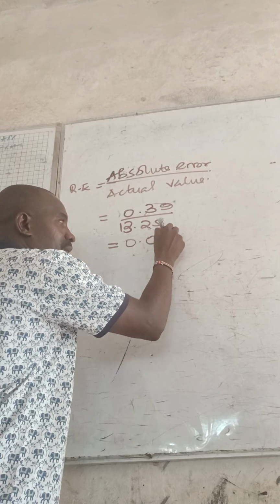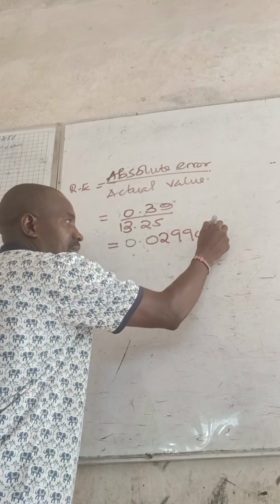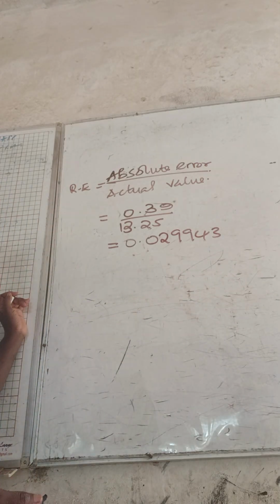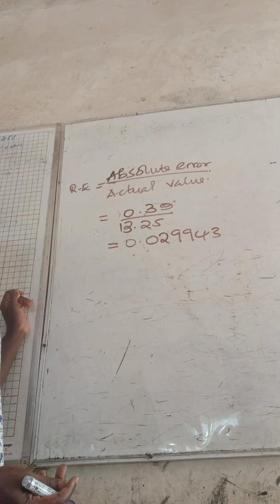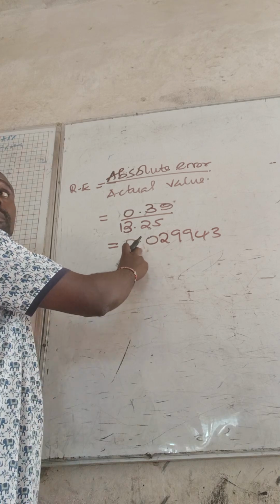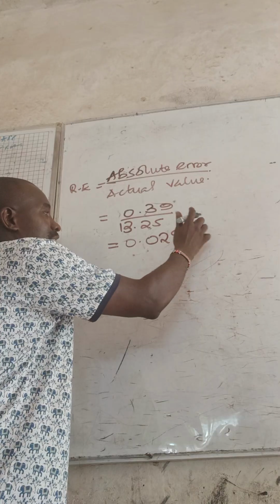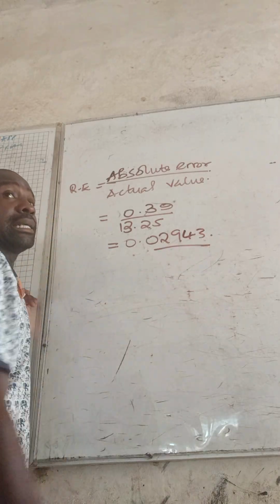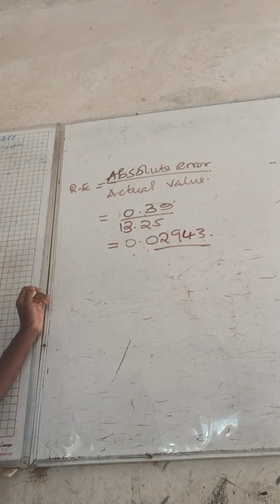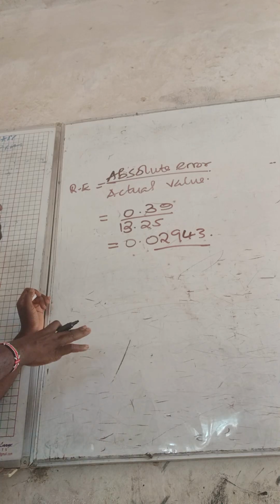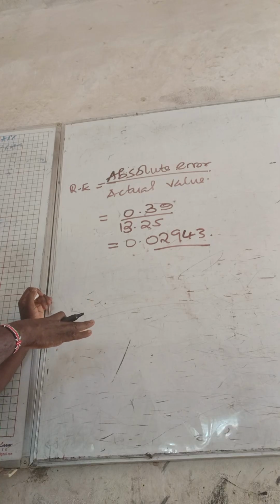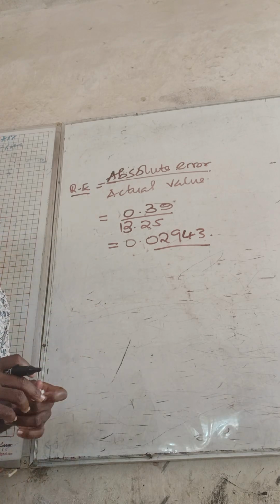That gives us 0.0294. So that gives us the absolute error and the actual value to give us the relative error.